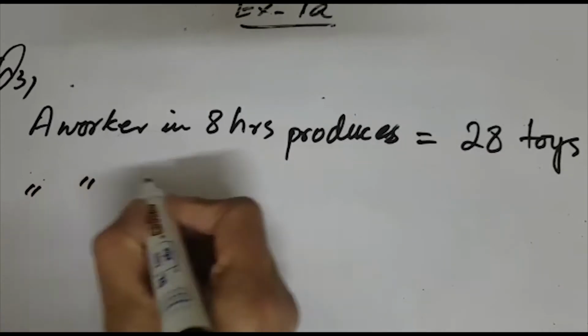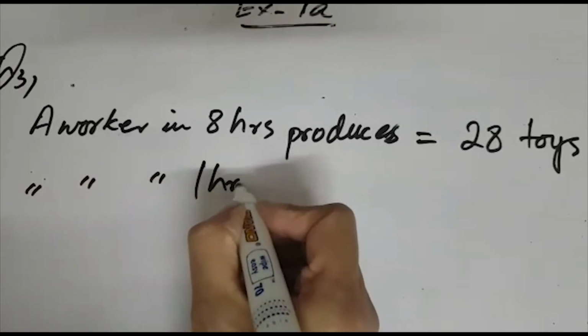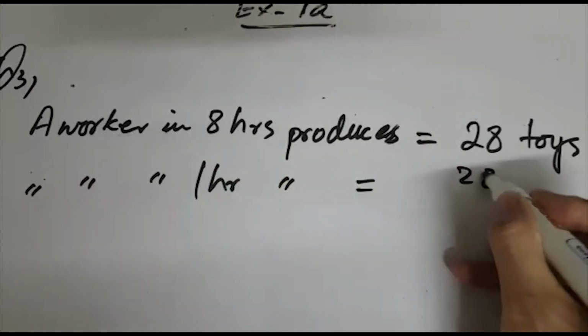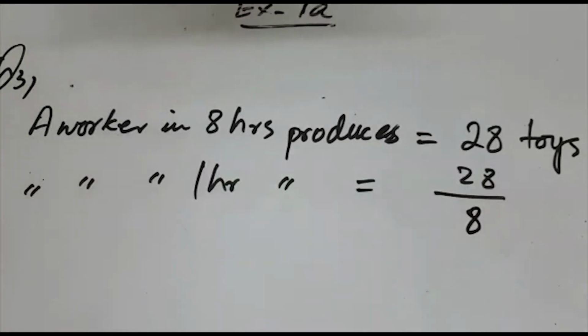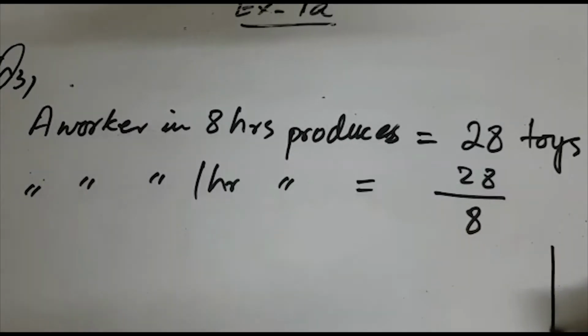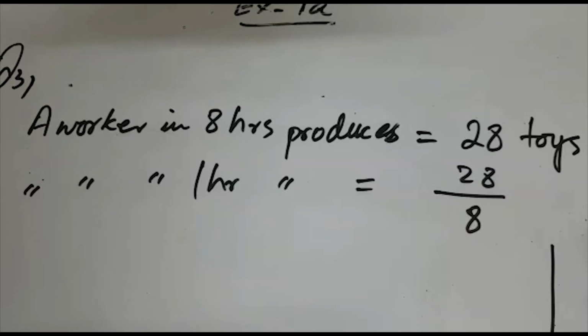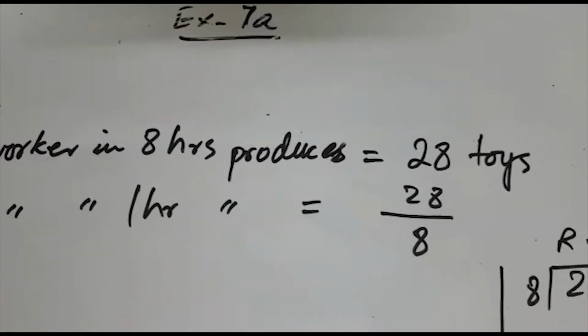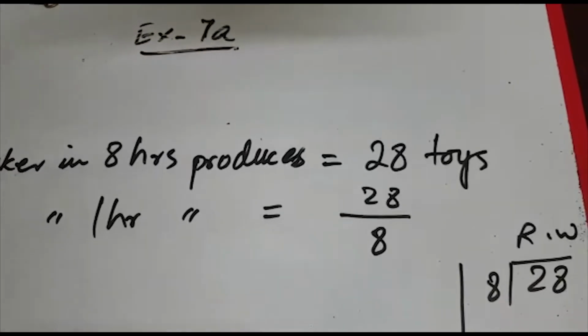So then a worker in 1 hour time produces how many toys? 28 upon 8. So do the division in rough work, find out how many toys can he make in 1 hour. So do the rough work.